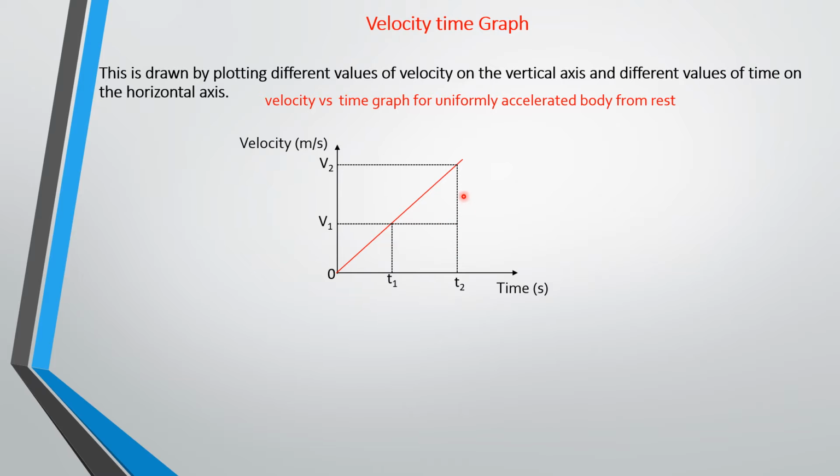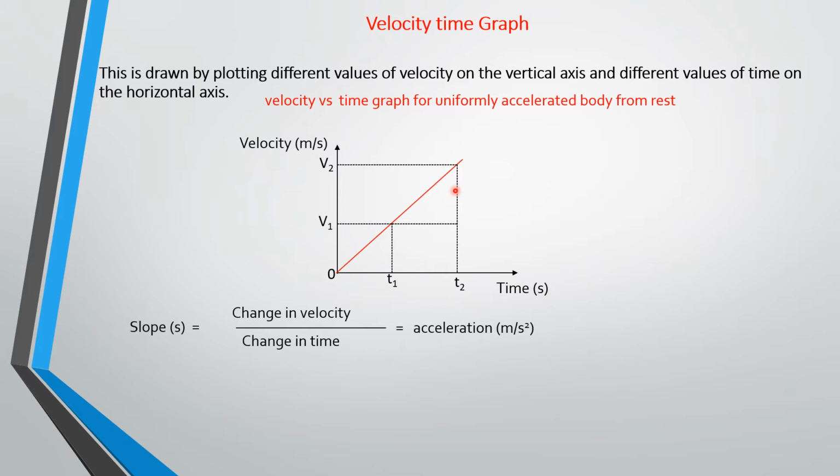So that is one of the deductions that you can get from this particular graph. Besides that, you can also get the total distance traveled by calculating the area under the graph. The area under the graph will give you the total distance traveled by this body that is accelerating uniformly.